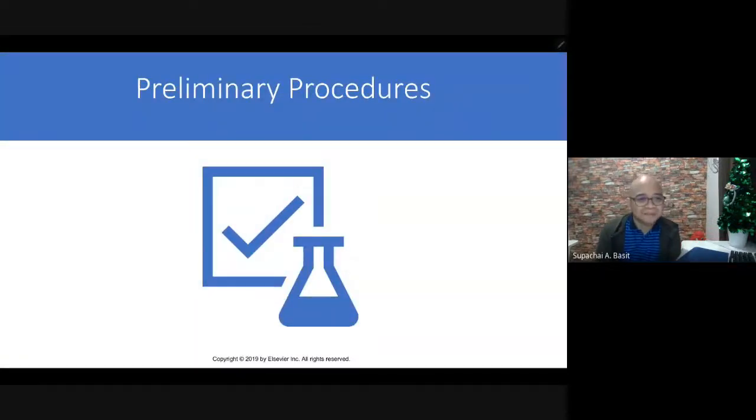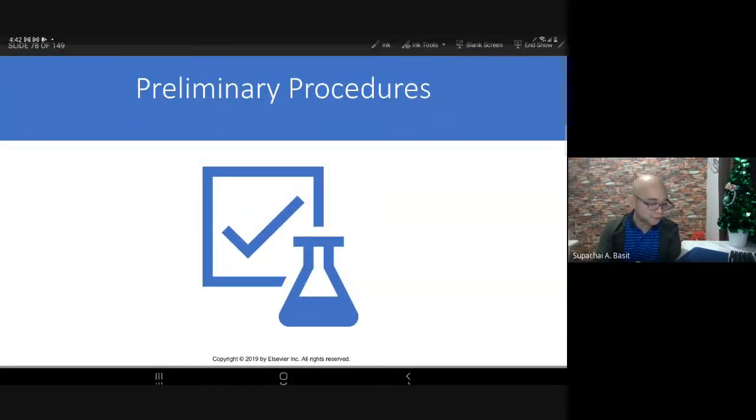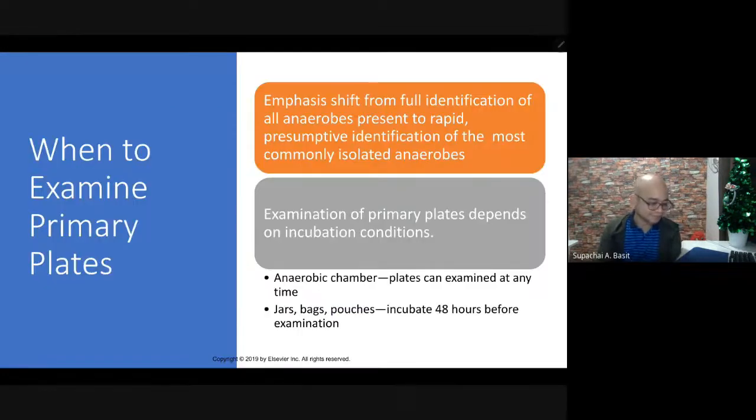Okay, so let's talk about preliminary procedures. So when to examine primary plates? Emphasis shift from full identification of all anaerobes present to rapid presumptive identification of the most commonly isolated anaerobes.